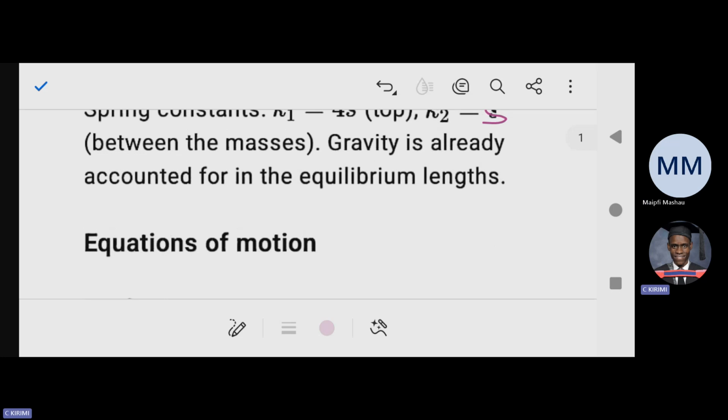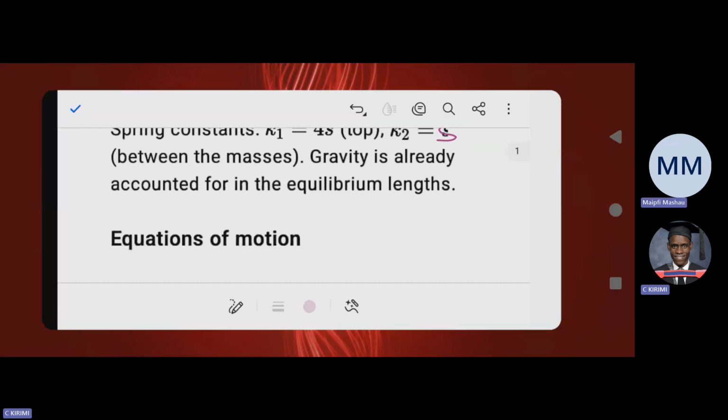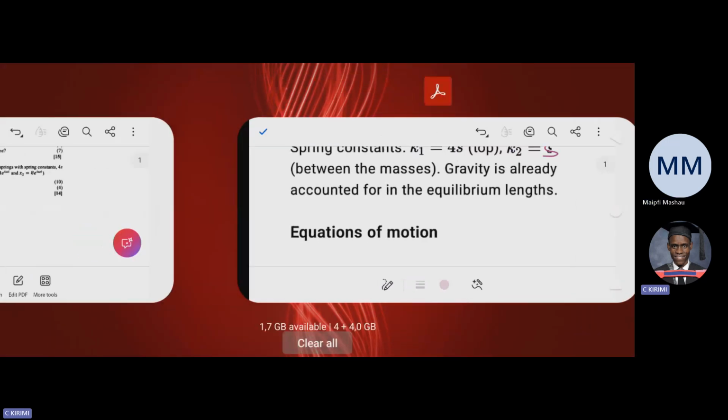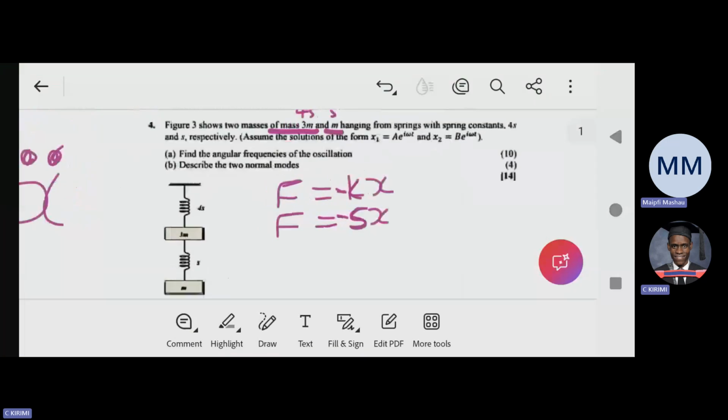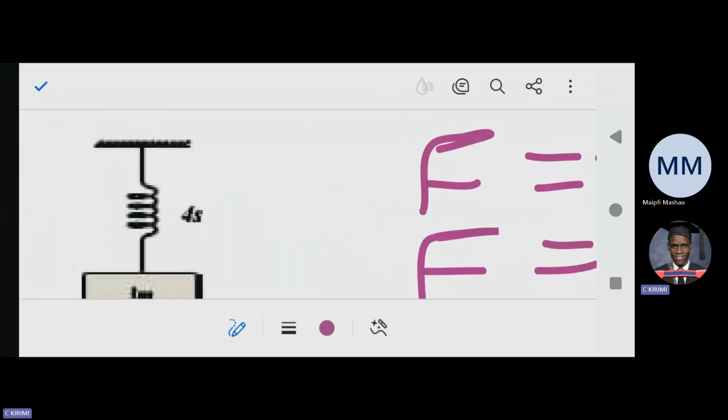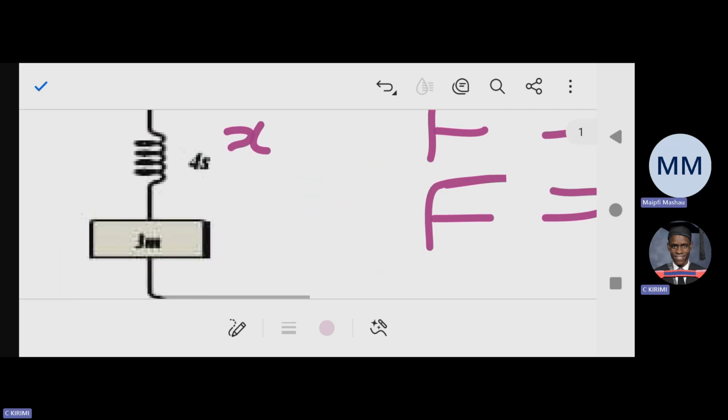Now we come to the equations of motion, just the same way we did in the assignment. If the spring constant is 4S, it will be K1, corresponding to x of t, the displacement along this part, for the 3M mass.